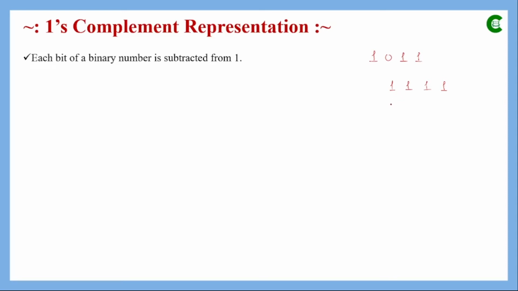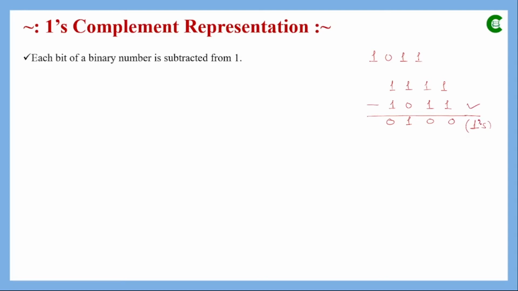Then from that number we have to subtract the given number. So this way if we subtract, we will get 0 in the LSB position, then 0, then 1 here, and here 0. So this is the 1's complement of this given number.